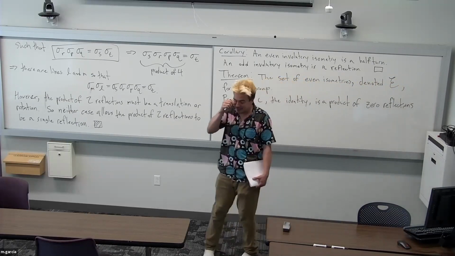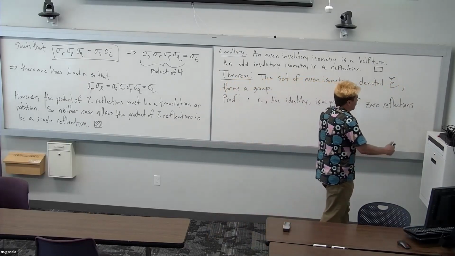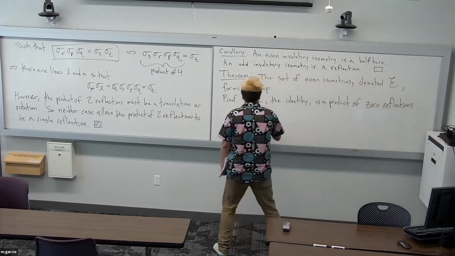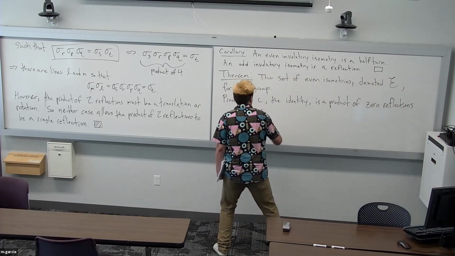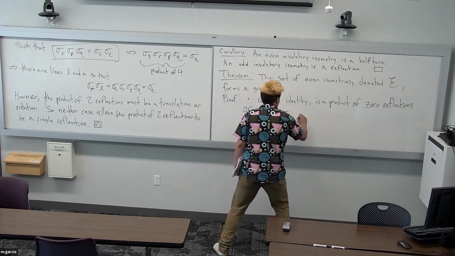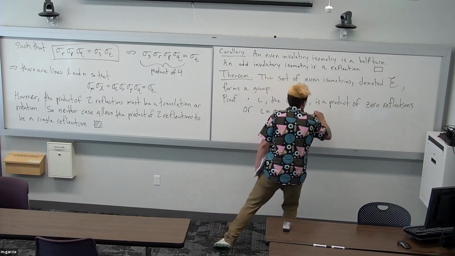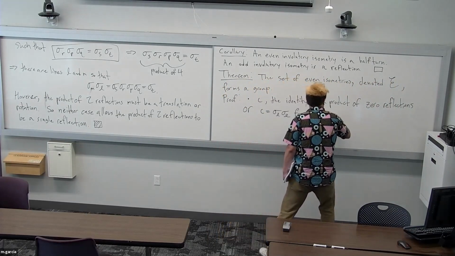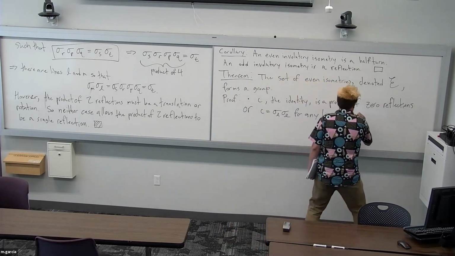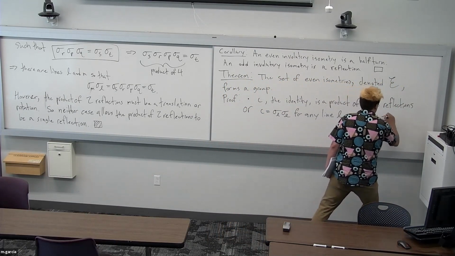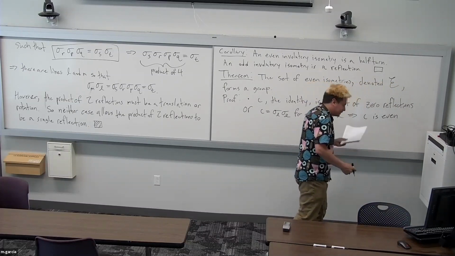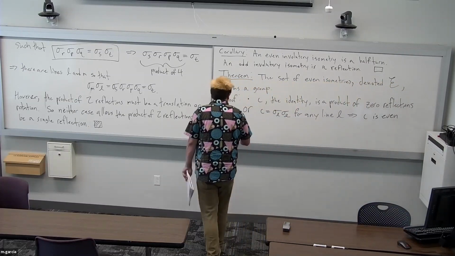Or, if you like, there's no need to make this convention. You could just say iota is equal to sigma L for any line L. Okay? So, iota is even. So in other words, script E has the identity property, right?